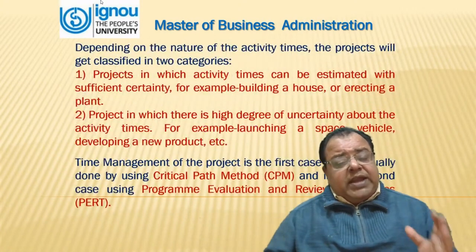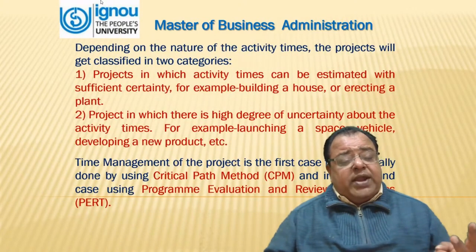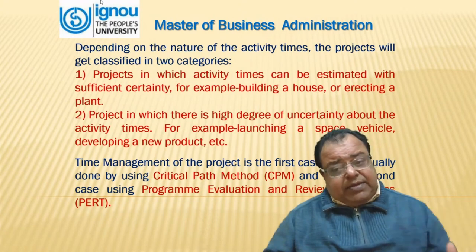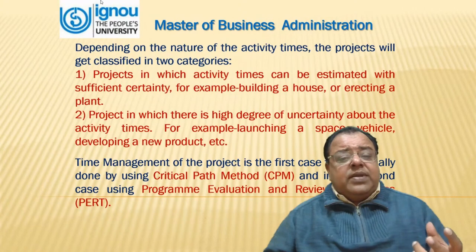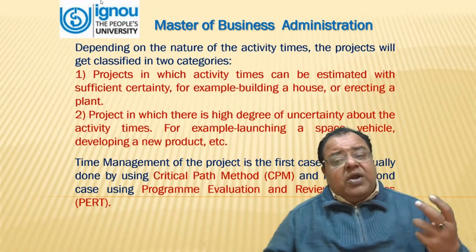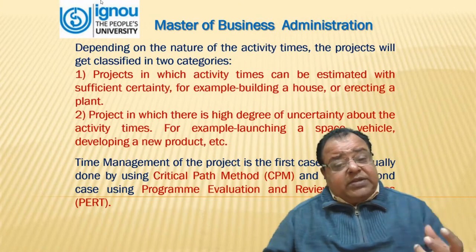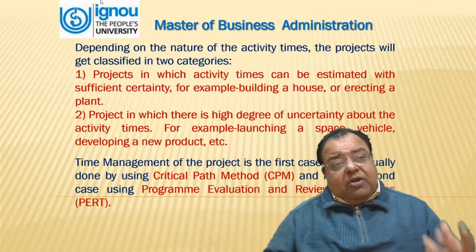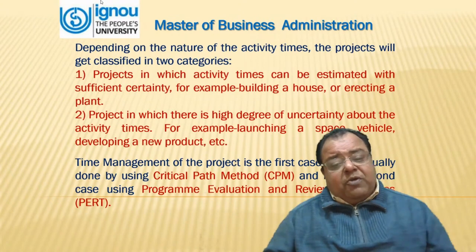Depending on the nature of the activity times, projects get classified into two categories. First, projects in which activity time can be estimated with sufficient certainty, for example building a house or erecting a plant. Second, projects in which there is a high degree of uncertainty about the activity times, for example launching of a space vehicle or developing a new product.